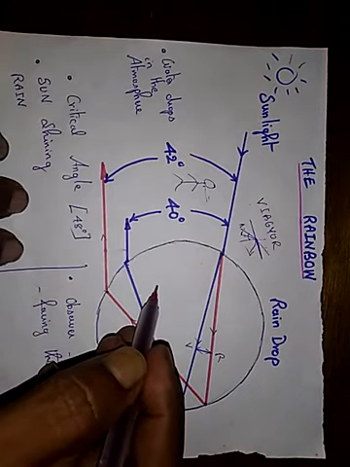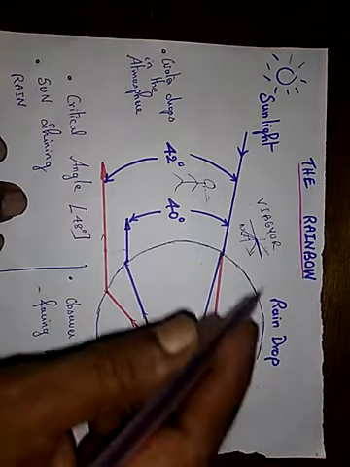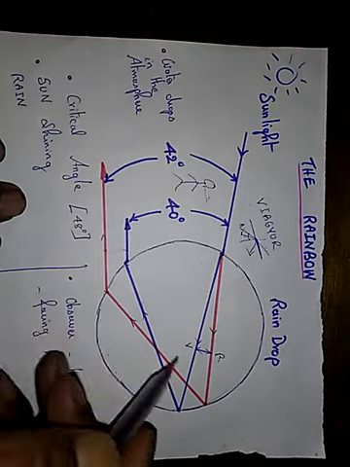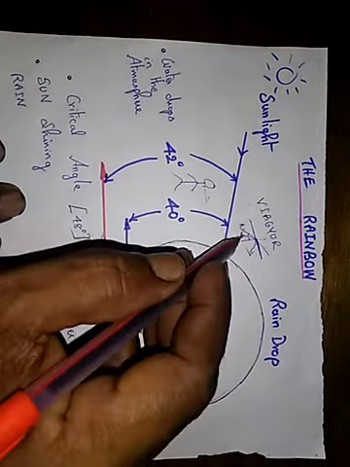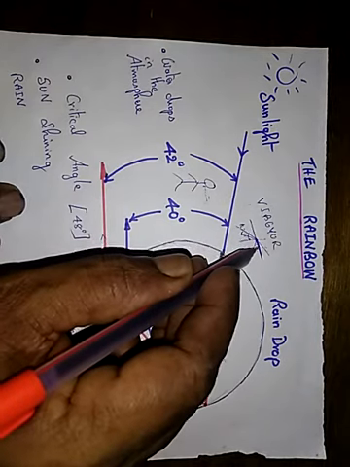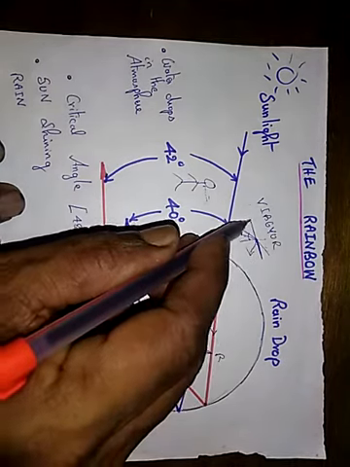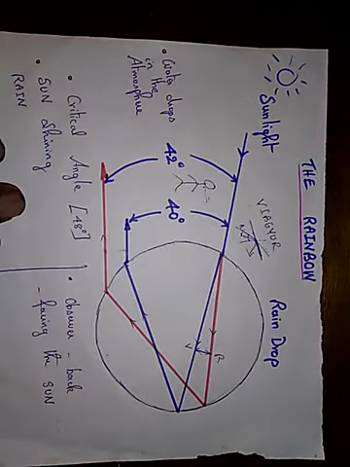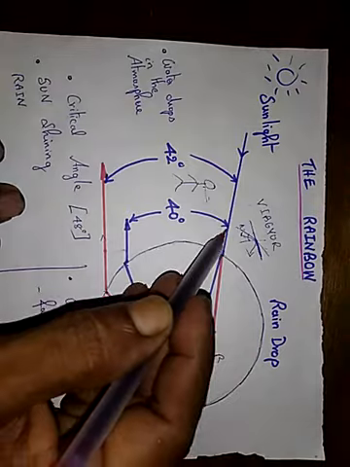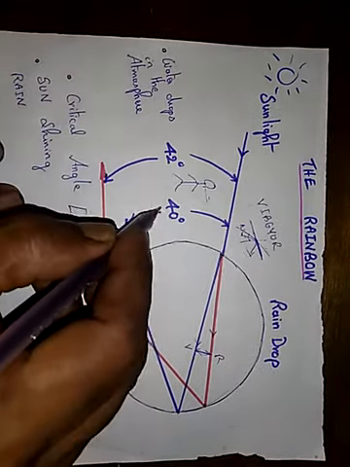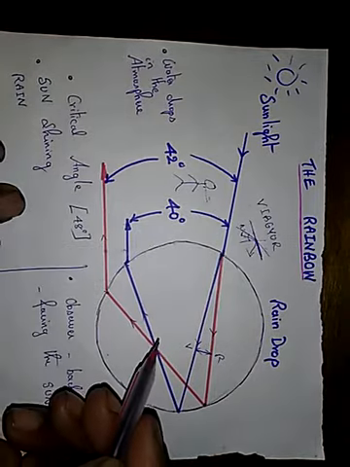Now one important point is that the critical angle of this raindrop is 48 degrees. That's why I told you what critical angle is. Critical angle is the angle at which the ray gets bent and falls exactly at the interface between medium 1 and medium 2. The angle between the incoming sunlight and the violet is found to be 40 degrees.